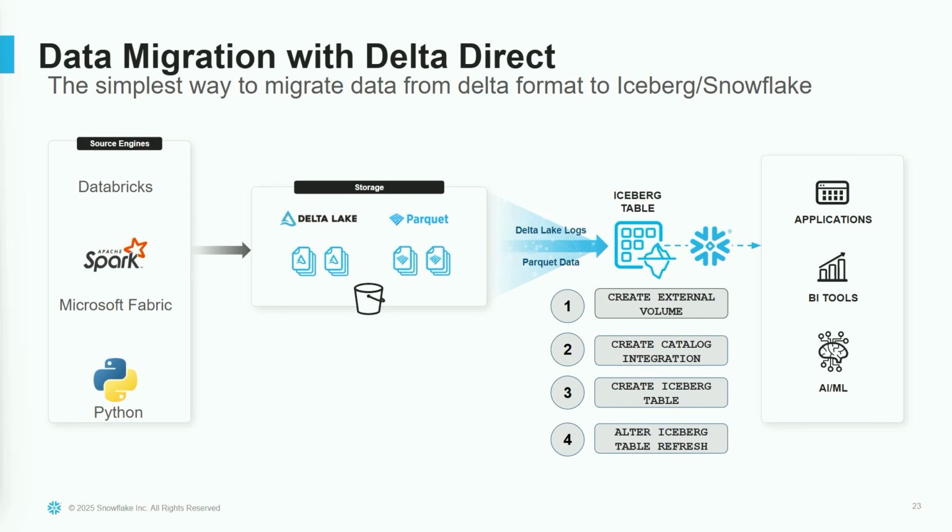It can be auto refresh or on a schedule, and it's ready to be consumed by your third-party tools or any applications. With Iceberg, you also get an advantage. You're not replicating your storage, so you don't pay the cost again, but you can leverage Snowflake's compute to make things faster.